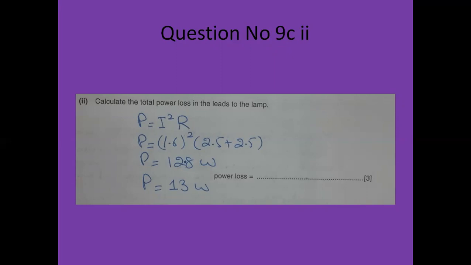So 5 multiplied by 1.6 squared will be 12.8 watt, which is in three significant figures, but our data is in two significant figures. So I will round it off to two significant figures, and so the power will be 13 watt. 12.8 watt will be approximately 13 watt.